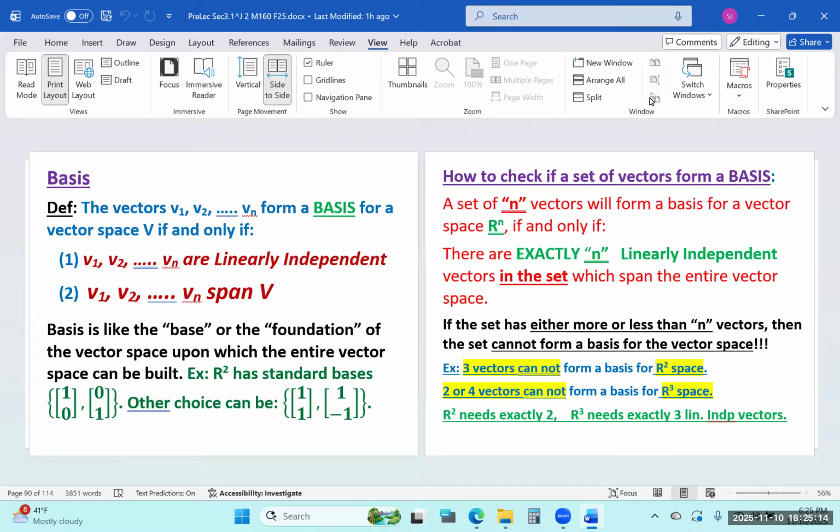You need exactly 3 linearly independent vectors in R3 to form a basis for R3. So the most strict one is the basis, which is similar to the span, but span can have more vectors than necessary, while basis cannot have more or less.